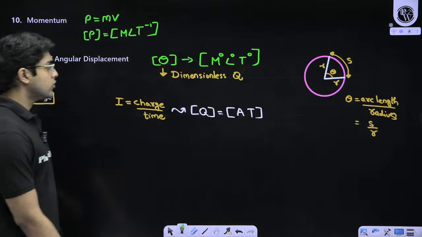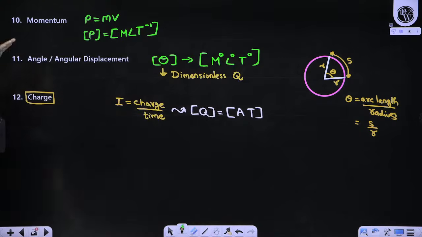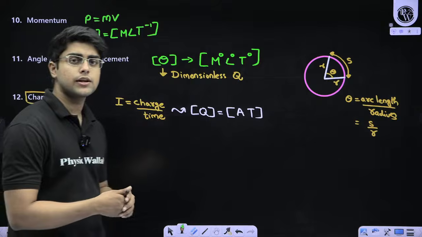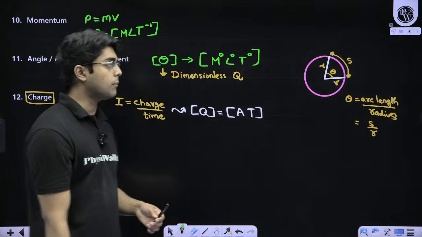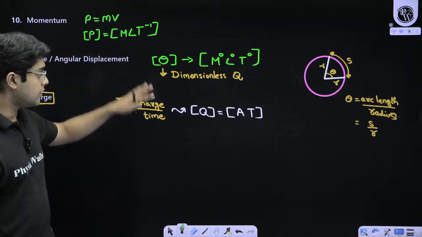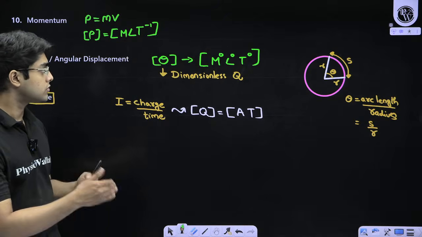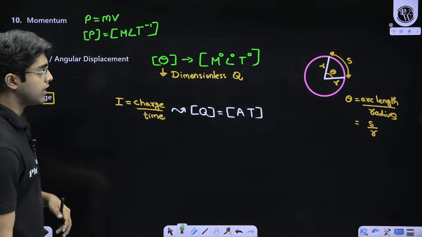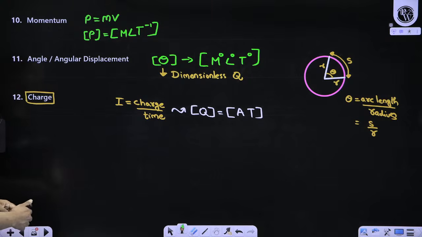So these are some standard physical quantities which you should know. There are, of course, a lot of physical quantities which we'll cover in 11th and 12th combined, but we don't have to study them all here because we will study them one by one with time.